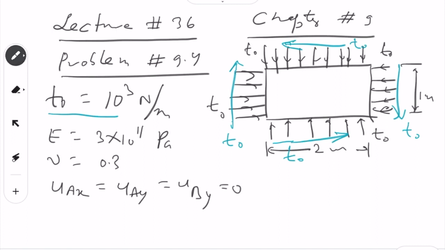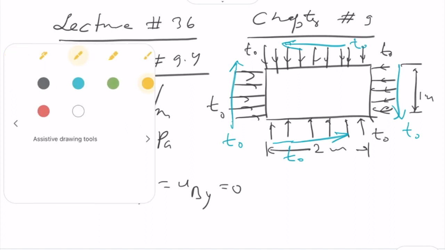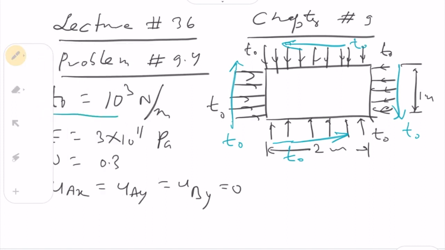Basically, ABCD is this: A, B, C and D. It says that this point is fixed and this point has a roller support.